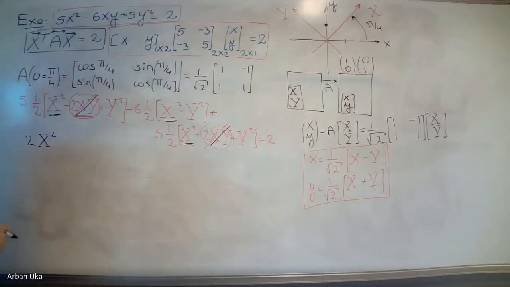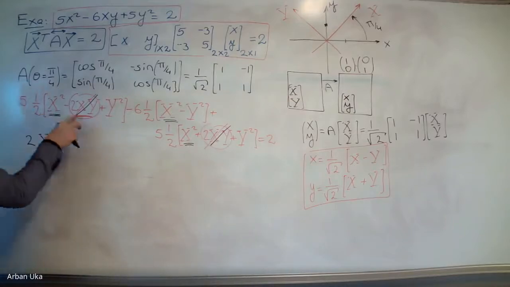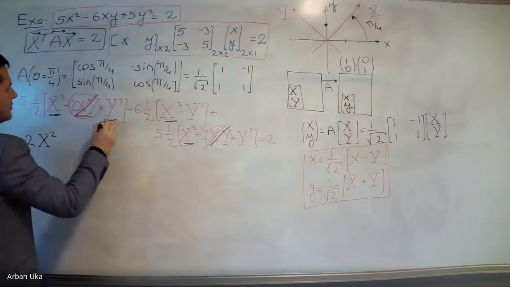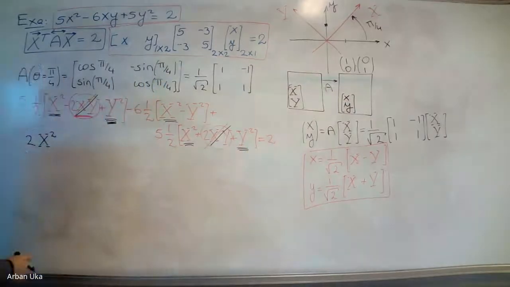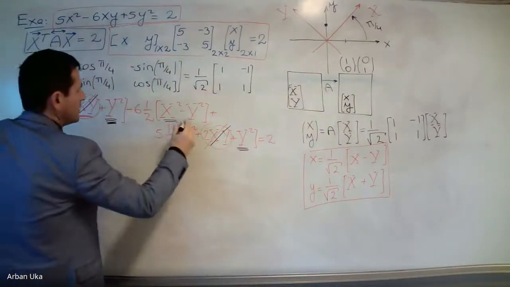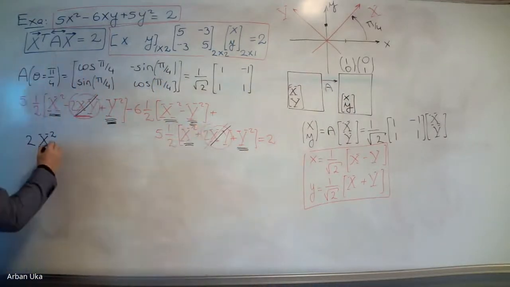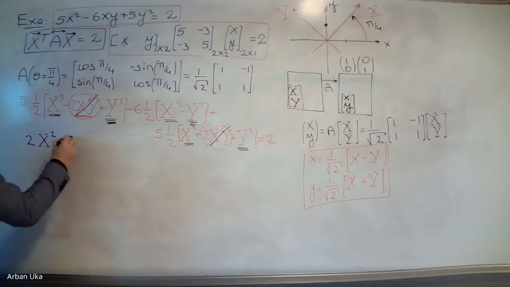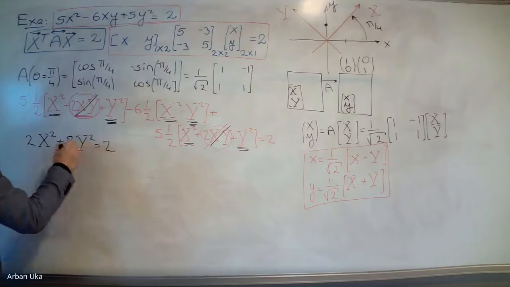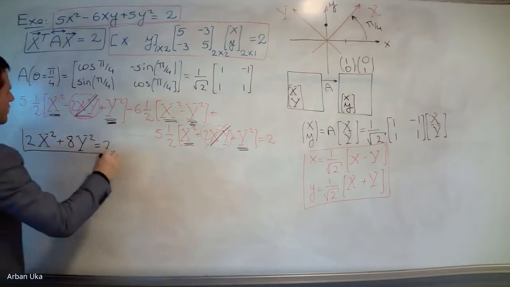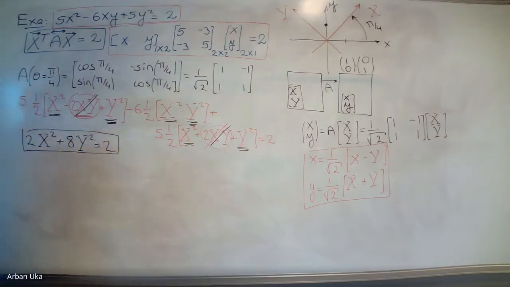And then we get 5 over 2 y squared, which is this term here, plus 5 over 2 y squared, this is 5, plus 3y squared, this is 8, plus 8 capital Y squared, this is equal to 2. Now, this is the new equation that we get.